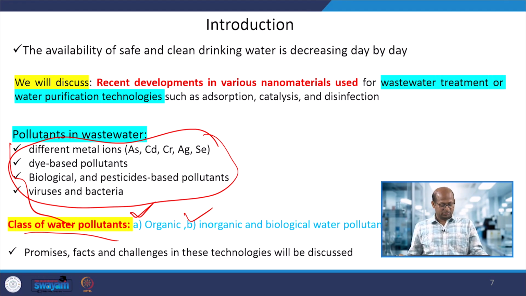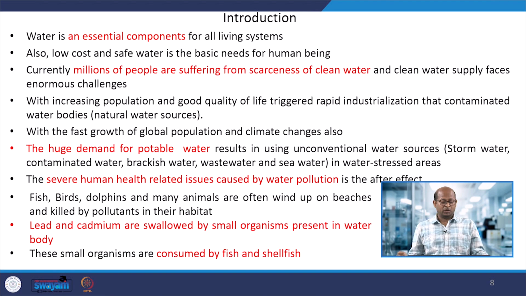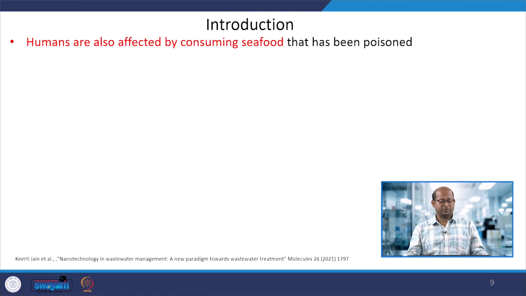Now we have already discussed how these pollutants come from water to living systems in the water, then to plants, and from there to the human body through consumption of fish or shellfish from the sea, or other seafood that we consume.